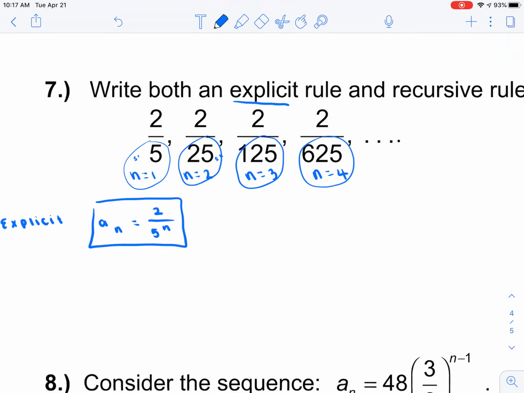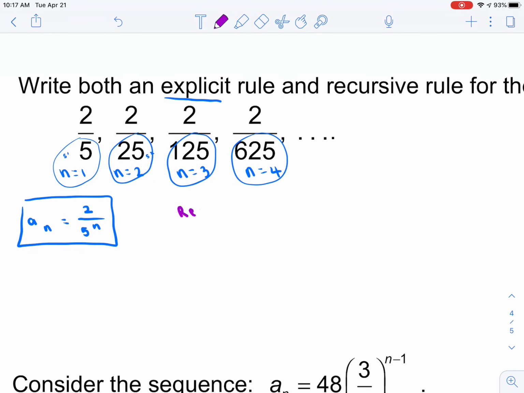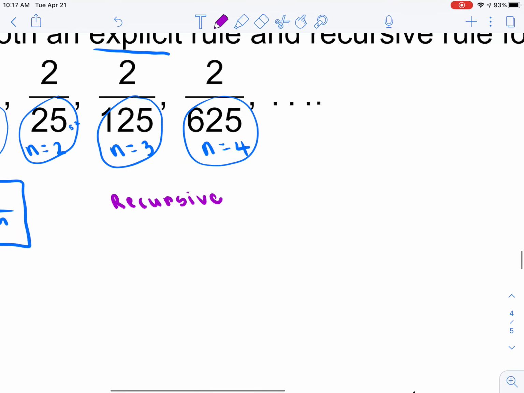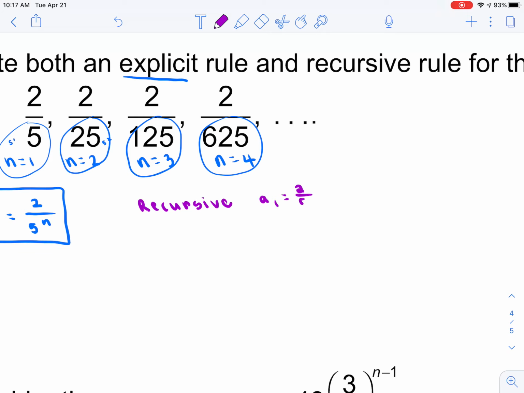Now, to find your recursive rule, it's a little bit different, because with recursive, you do want to think about what did I do to the first term to get to the second? What did I do to the second term to get to the third? First thing you need to say is, what is the first term? So our first term here is 2/5. And then to find any term that comes after, don't forget to have this a sub n minus 1.